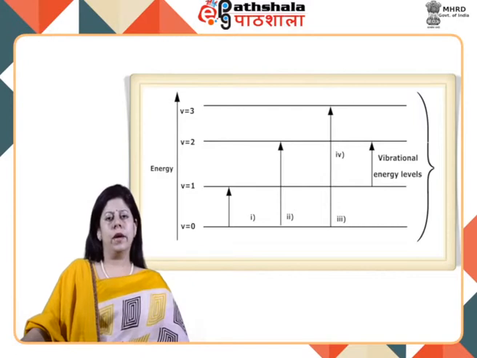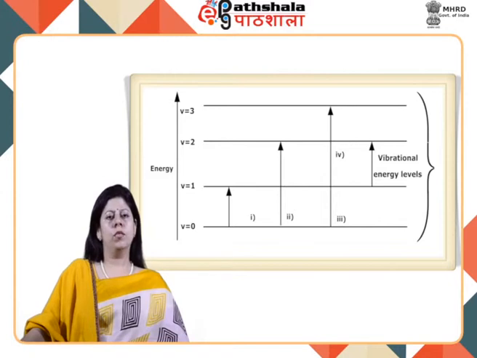The absorption band arising due to the transition from V equals 1 to V equals 2 is called a hot band. Its intensity increases with increase in temperature due to the increase in the population of the V equals 1 vibrational energy level.